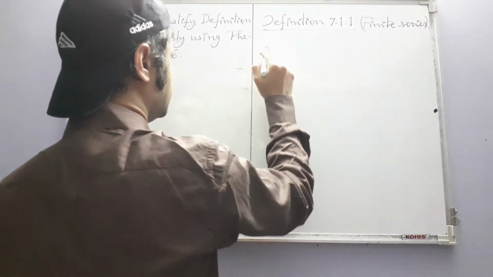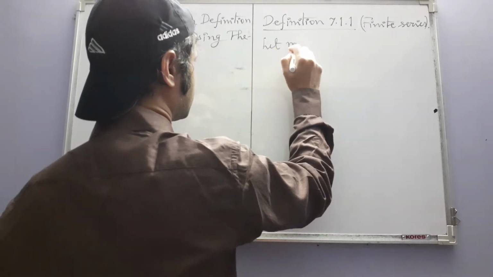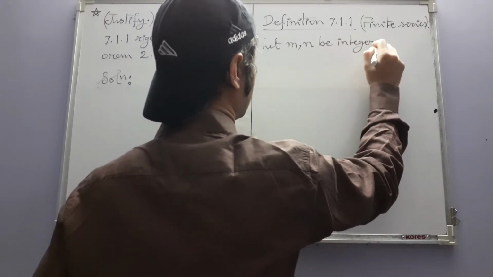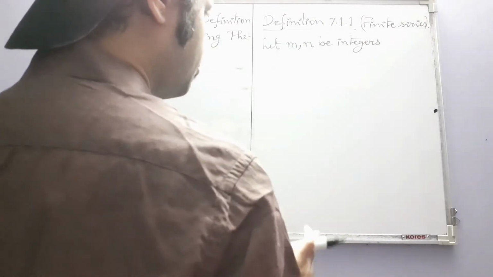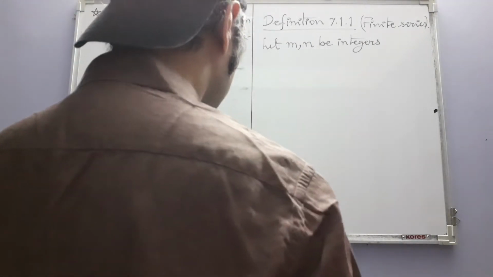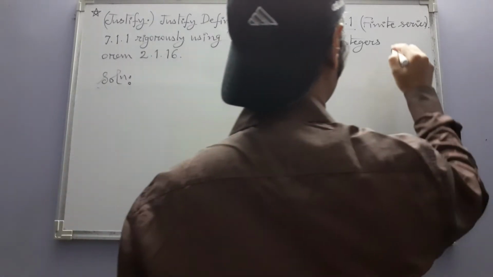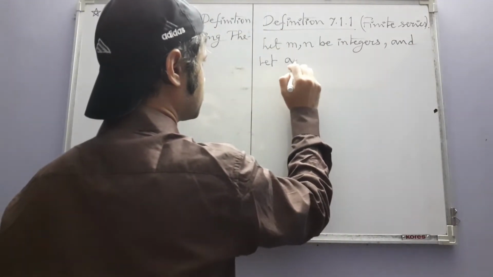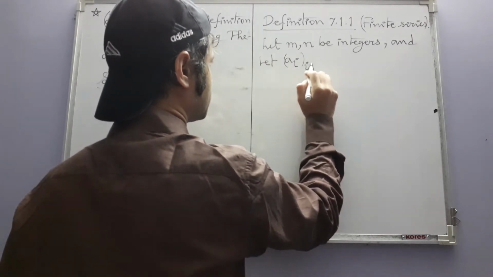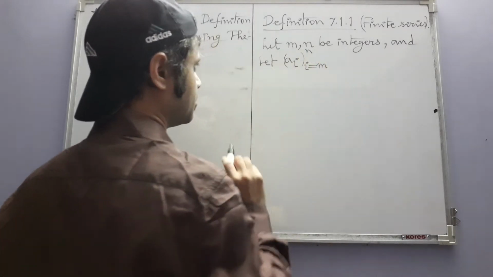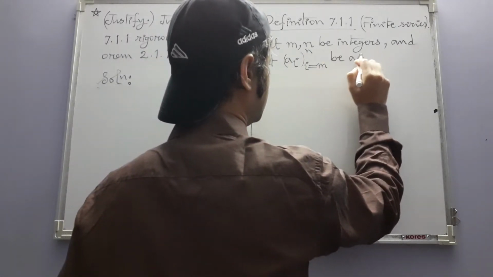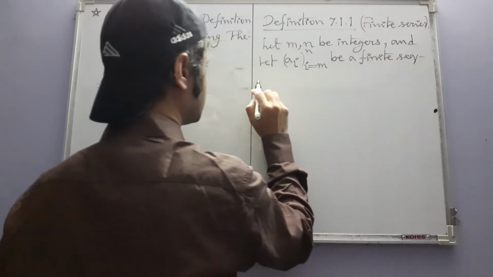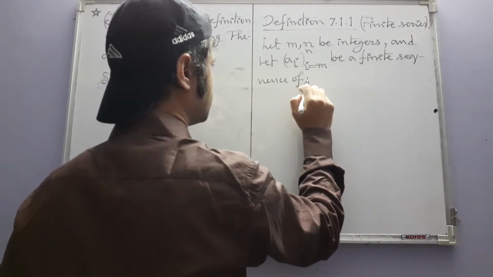We started with two integers, m and n, and we had one finite sequence of real numbers, a_i, where i varies from m to n, be a finite sequence of real numbers.